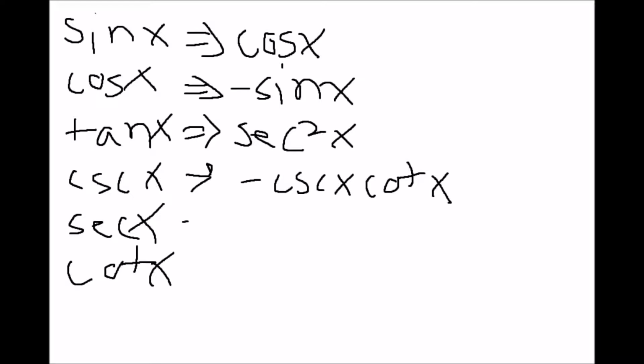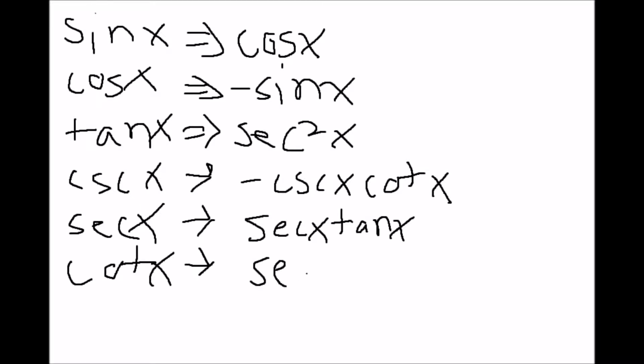The derivative of secant x is secant x times tangent x, and the derivative of cotangent x is secant squared. Wait, sorry, just kidding, that's not true. That is a false statement. It's actually negative cosecant squared x.